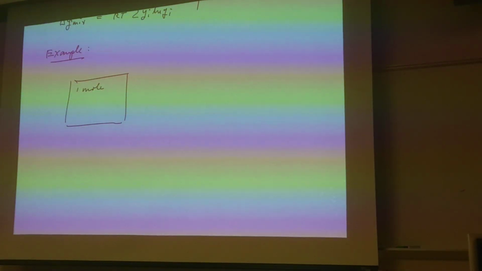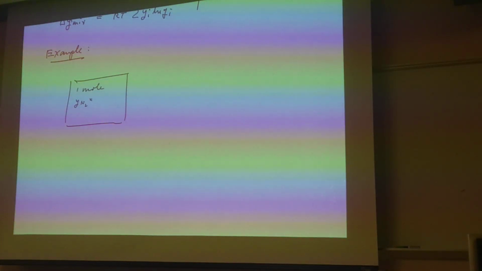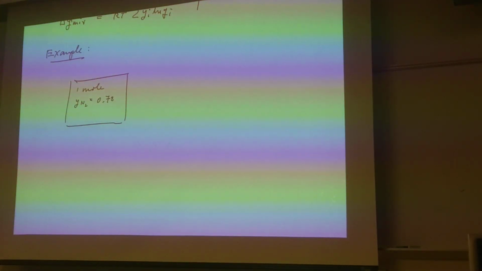I'm not sure I'm gonna have time to finish it, but we can at least get it started. So let's say I've got 1 mole of air. If that has a mole fraction of nitrogen, let's say keep a simple description here.